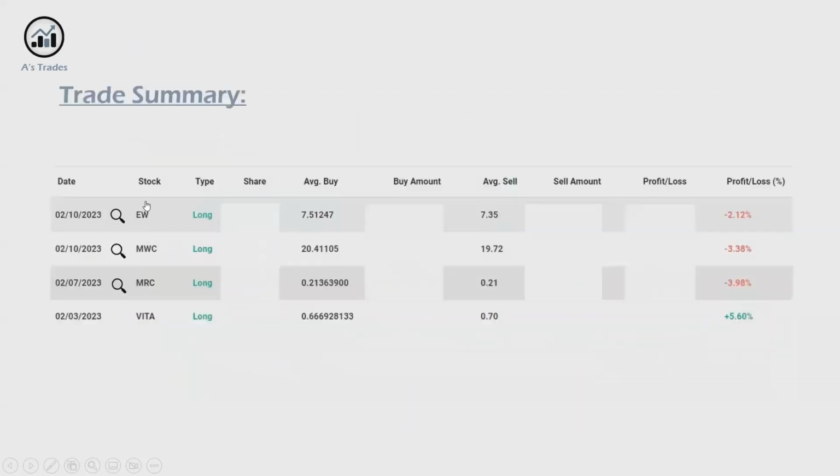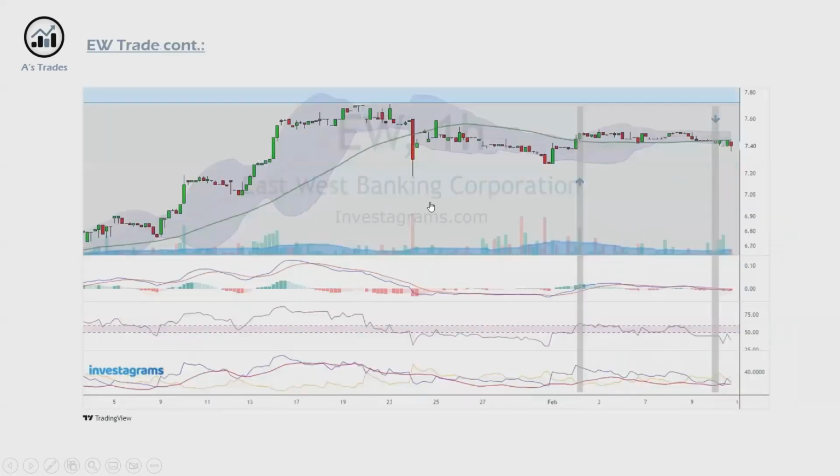Looking at the hourly chart, I bought this stock on this candlestick because price is above MA50, again the green line, the trend line, and it was traded above average volume right here.